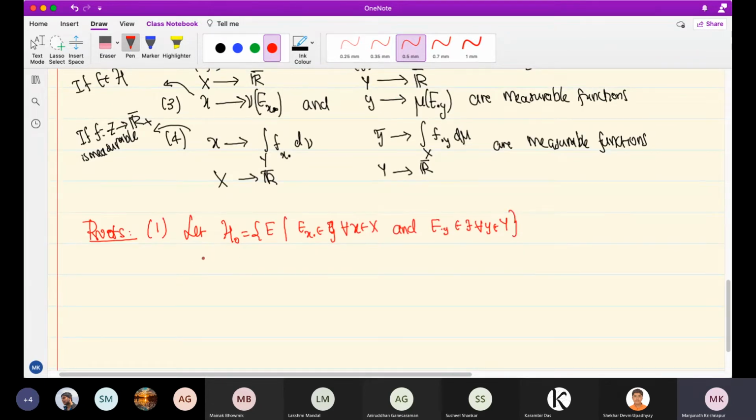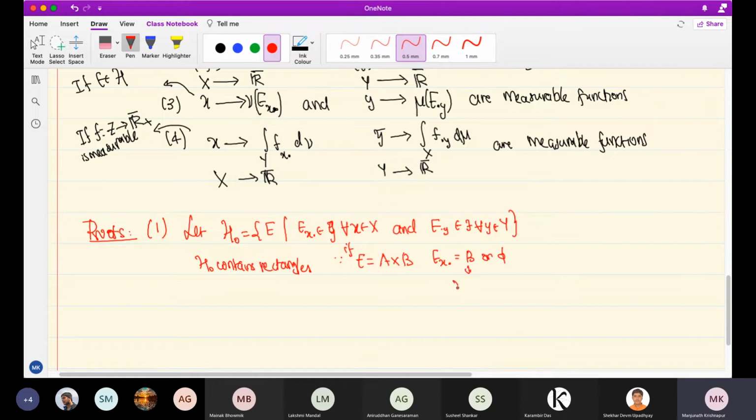So first of all, H naught contains rectangles. Why? If E is A cross B, then E_x· is either B or empty. I just now showed this.